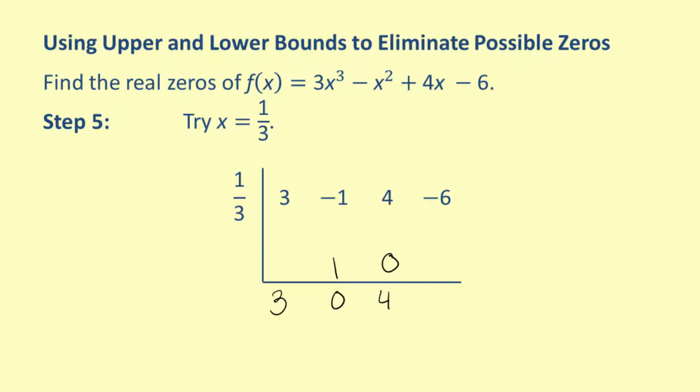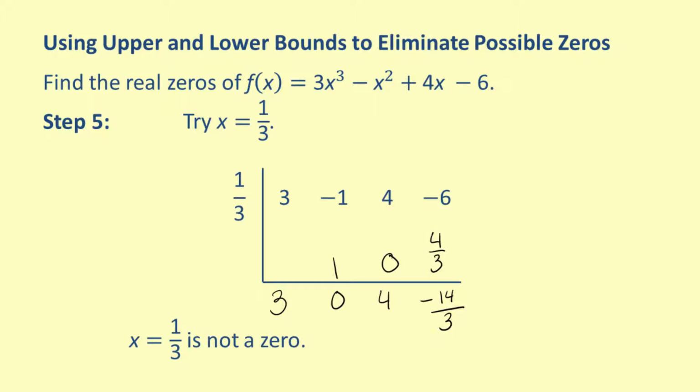Adding 4 and 0 gives us 4. Multiplying 1/3 and 4 gives us 4/3, which we'll write under -6. -6 plus 4/3 equals -14/3. Here, we can see that 1/3 is not a 0 because we end with the remainder of -14/3.